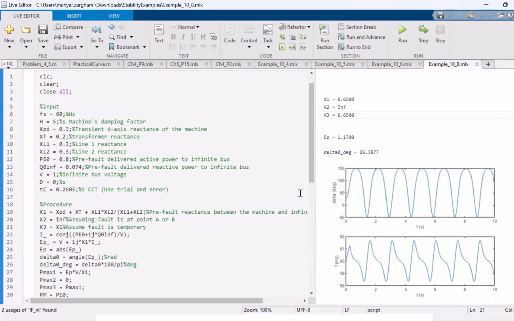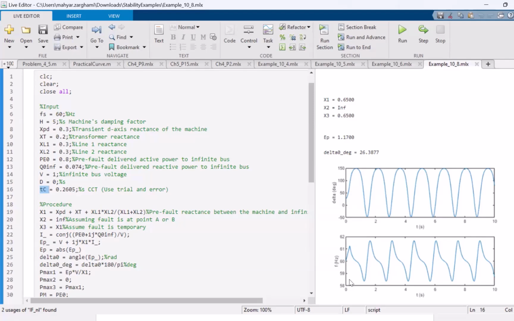Once you simulate the system and look at the delta and the frequency, you will see that it depends on the time when the fault is cleared. Look here. You have a condition where the fault is cleared at 0.2 something.